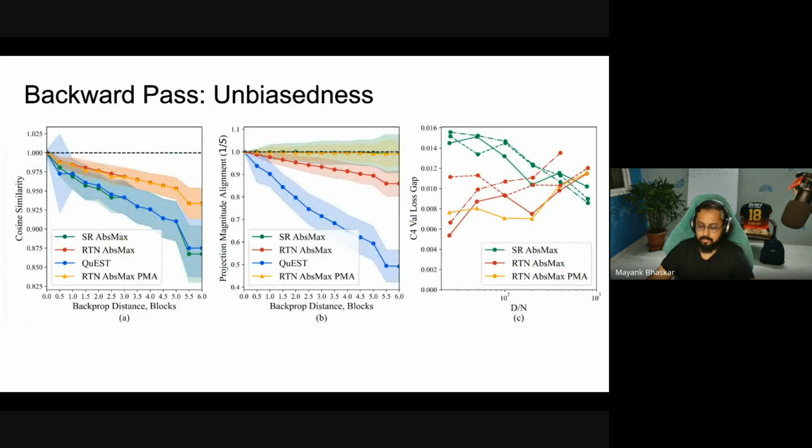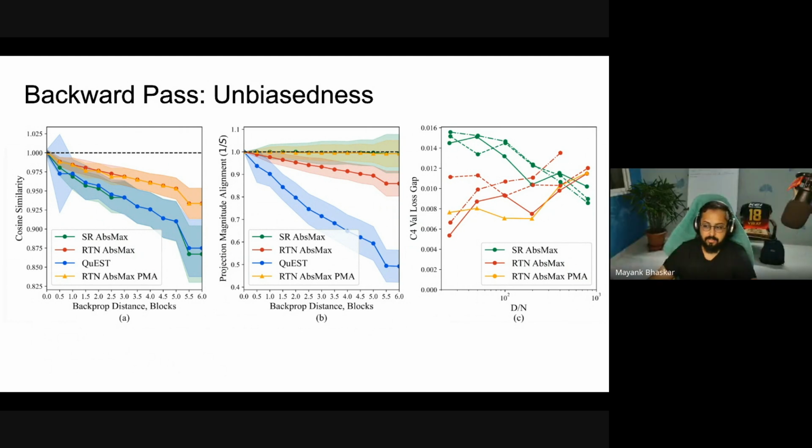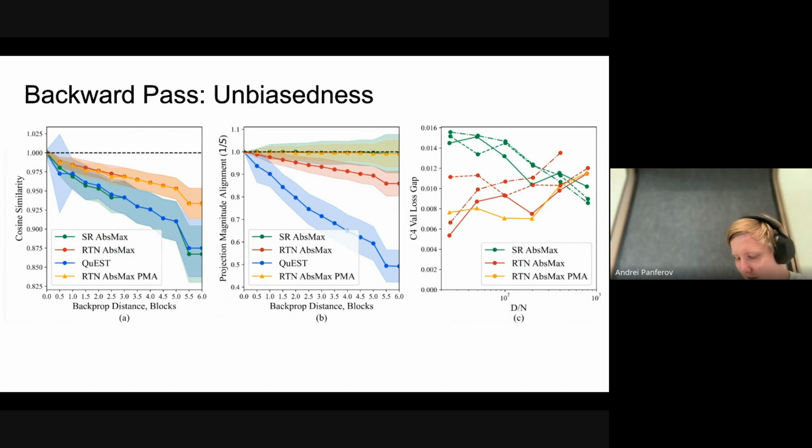You say that this is where this stochastic rounding starts to significantly outperform the deterministic methods. So why is that, and why is this number so important here? Why is this number so what? So important, the 400, yeah.